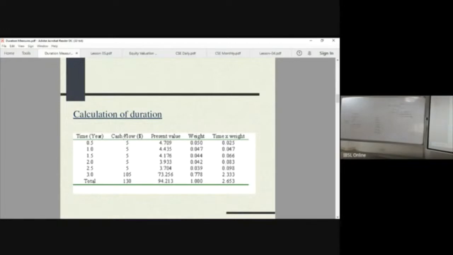When the time is 1, the present value will be 3.548. When the time is 1.5, 3.341. When the time is 2, 3.147. When the time is 2.5, 2.963. When the time is 3, that is the last date, the present value will be 72.56.